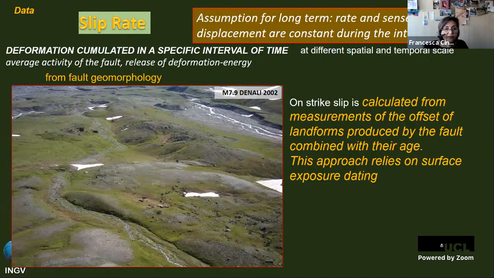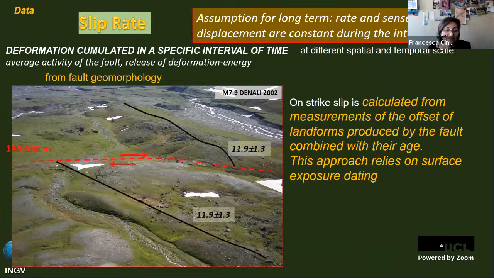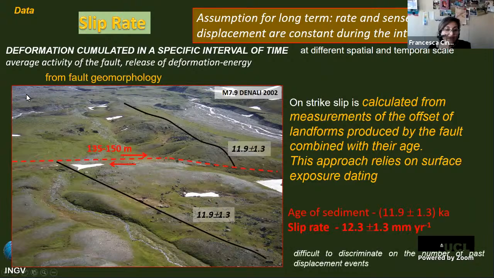So let's see, in a simple way, how we estimate these parameters from the geological signature. Slip rate is the deformation accumulated in a specific interval of time at different spatial and temporal scales. For example, on strike slip it is calculated from measurements of the offset of any landform that is cut by the fault, and that is datable. Here is an example where the landforms are moraines.